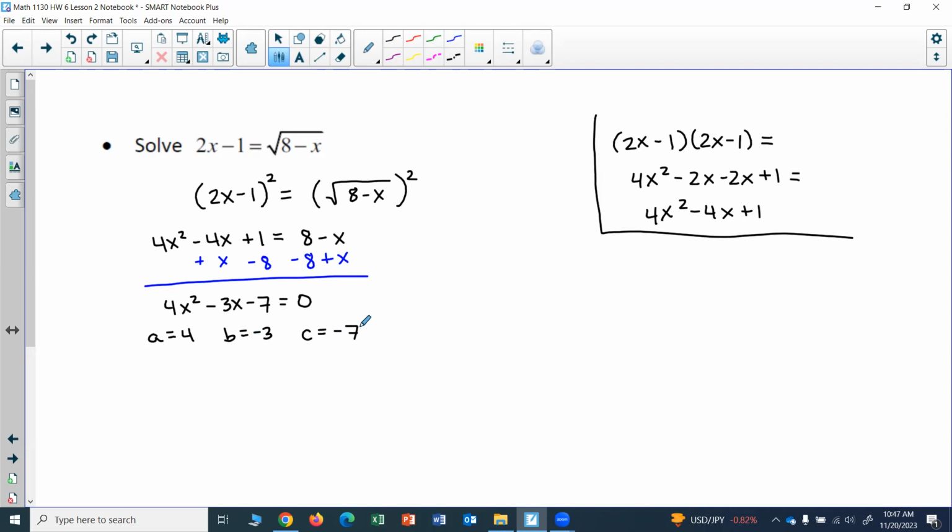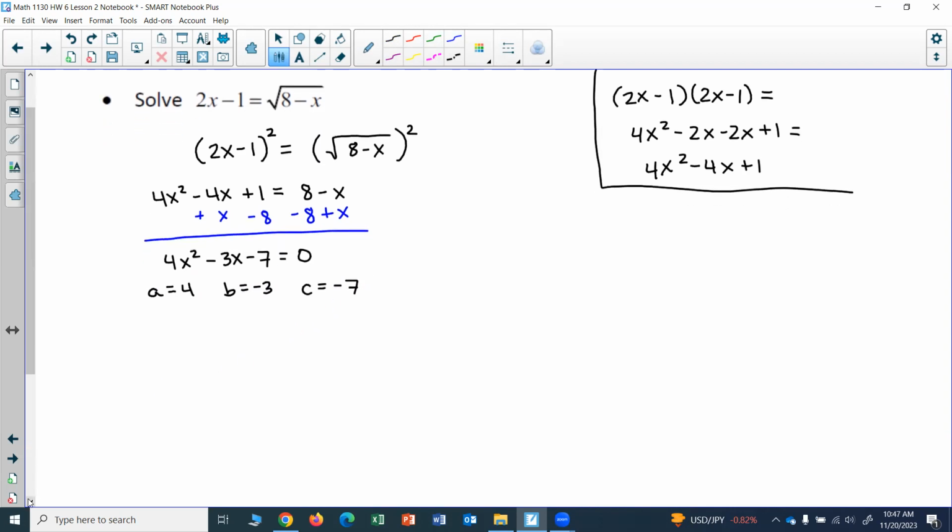So if I'm using the quadratic formula, then I want to go ahead and plug it in. Just a reminder on the quadratic formula, it is x equals negative b plus or minus the square root of b squared minus 4ac, and then that whole expression is over 2a. So I'm going to plug in the numbers that I have here.